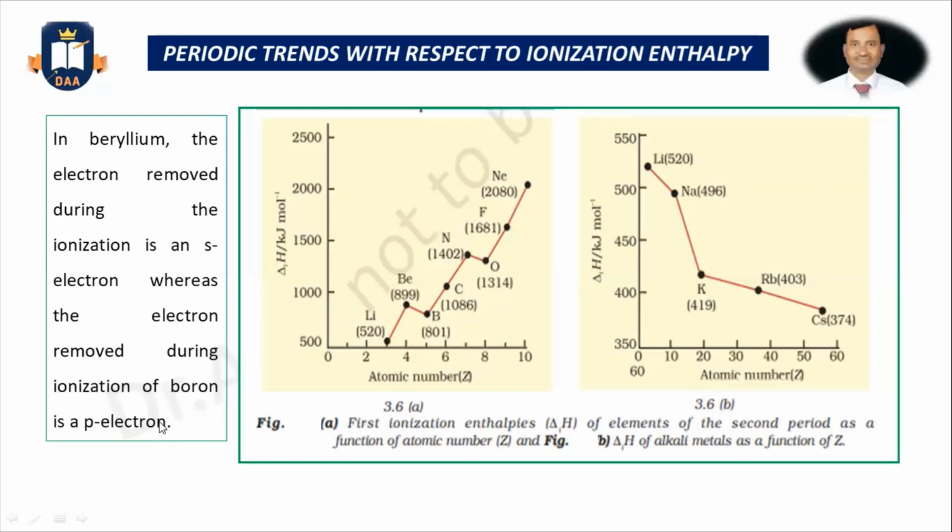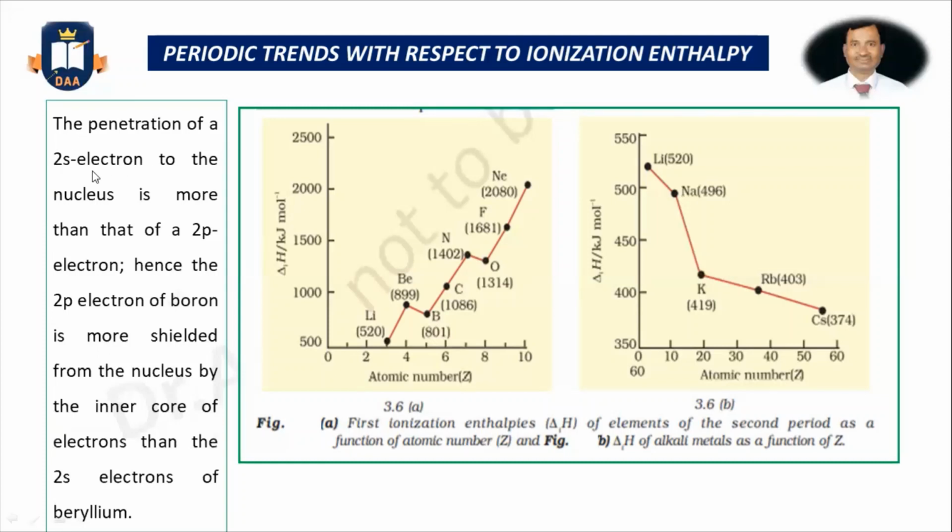I told you, for boron, the outer shell electronic configuration is 2s2 2p1. So from this 2p1, one electron will be removed. But for beryllium, it is the 2s2 outer shell configuration, so the electron removed is from the s orbital.